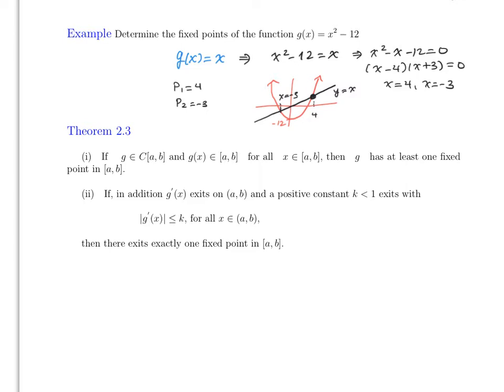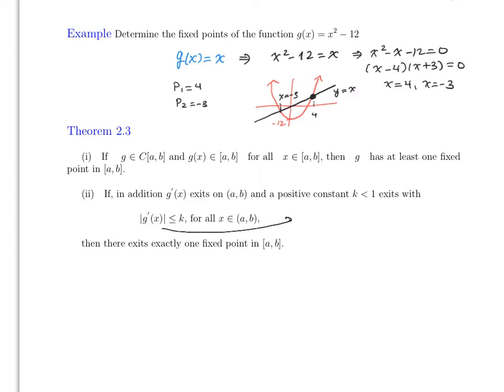Now you add an extra condition. If g prime exists in the closed interval [a, b], and there is a positive constant k, such that the absolute value of the derivative is less than k, which in this case means less than 1.